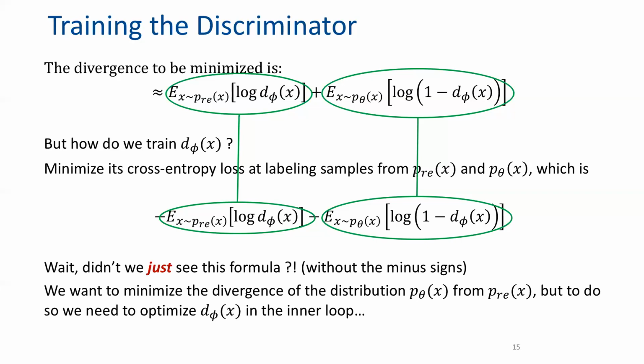So that's a little strange. We can't really optimize both things at once, but it's still okay because we can do a kind of alternating optimization where we optimize one and then optimize the other. That probably sounds weird because we have to be a little bit careful about what we're optimizing over. Here, because it's a classifier, we're actually trying to tune d sub phi.